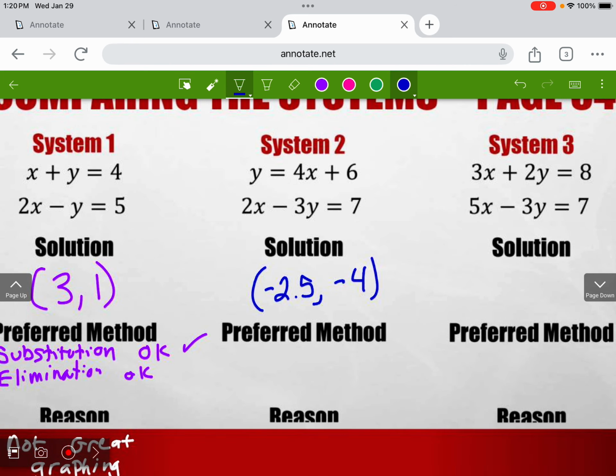What technique is this one probably best set up for? If we just take a look at this, what would be the easiest way to attack this thing? Substitution. I have a y equals. I could take the fact that I know y equals this thing and substitute it in place of that y.